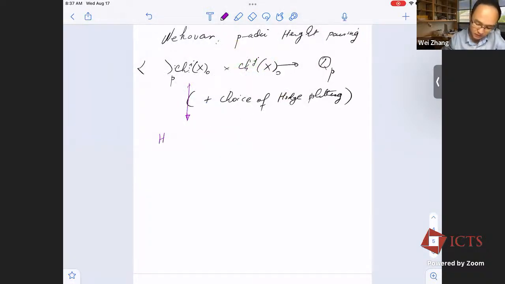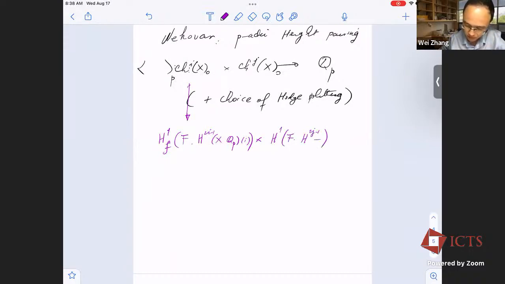There's a map to the Selmer group, the Bloch-Kato Selmer group, of the p-adic cohomology twisted by the theta twist, same definition, H1, j minus 1.